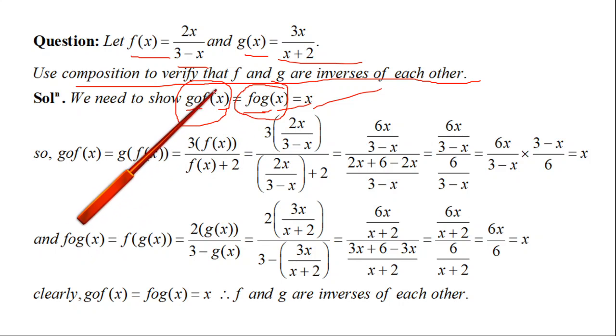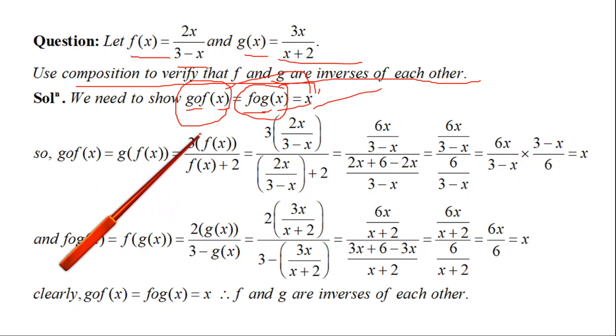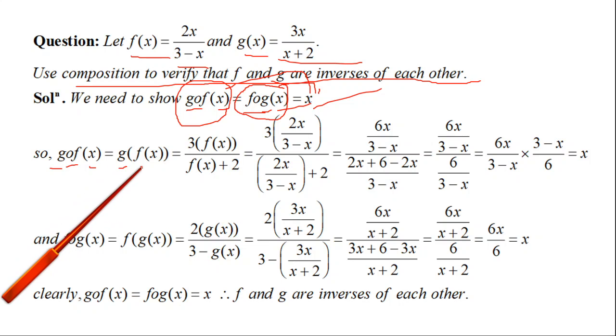If we see that f composite g of x comes out to be x, and g composite f of x also comes out to be x, then f and g are inverses of each other. So here f composite g of x, by the definition of composite function, is g of f of x.